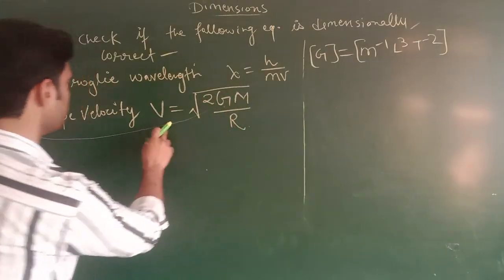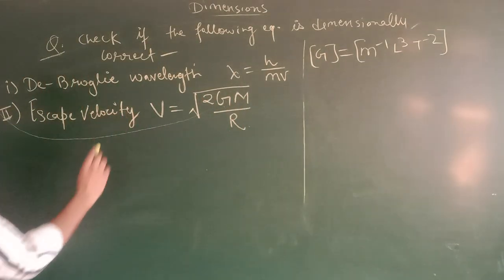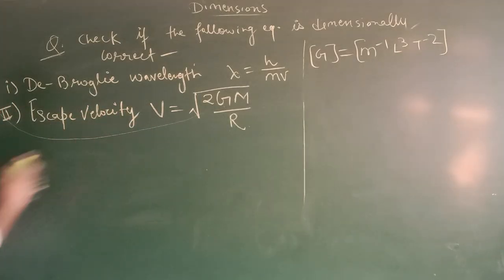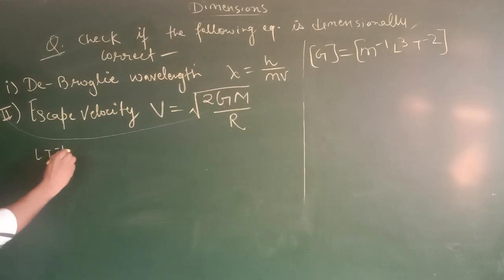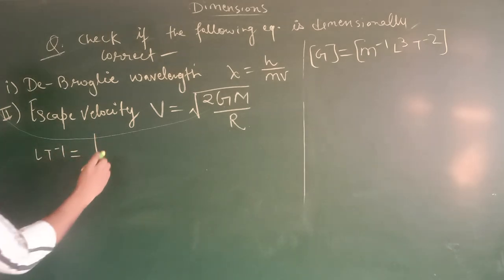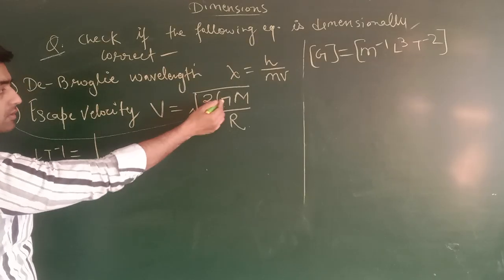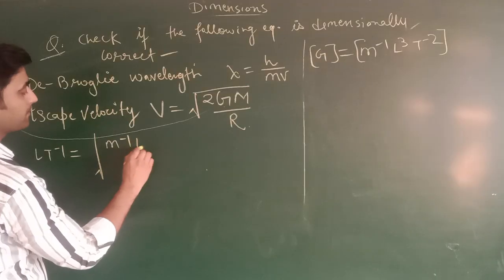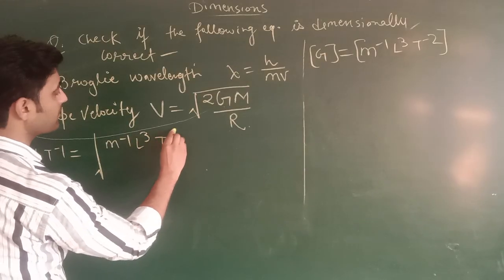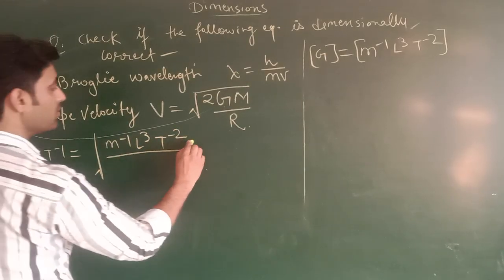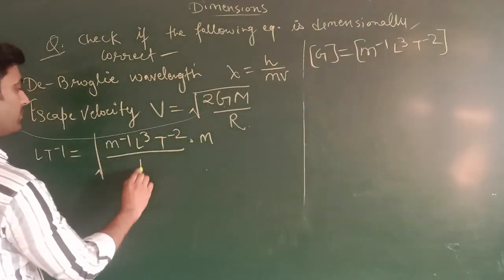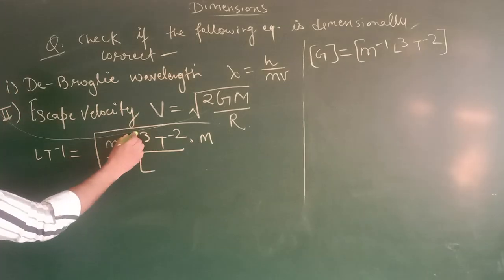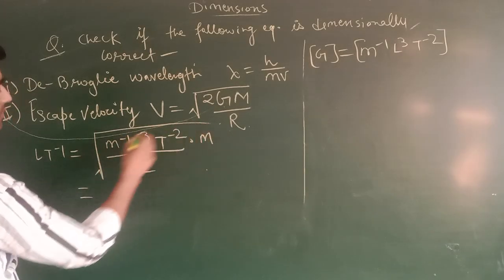Now let's solve this equation. The dimensional formula of velocity, LT^-1, equals under root, 2 will not be counted, only G, and the dimensional formula of G is M^-1 L^3 T^-2, into mass divided by length. So this M to the power minus 1, M to the power plus 1, will cancel out.